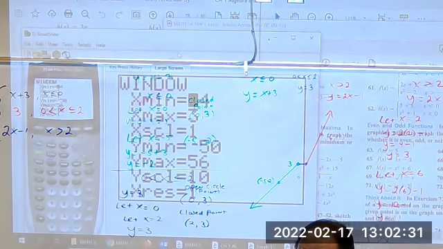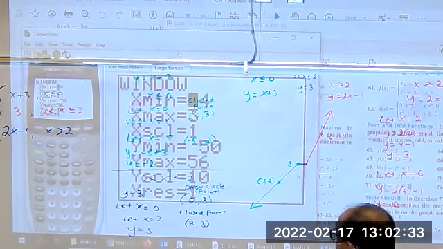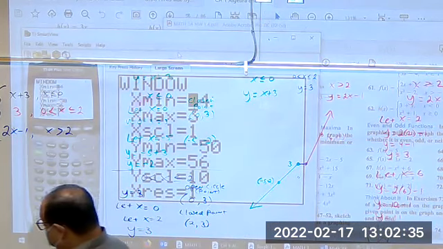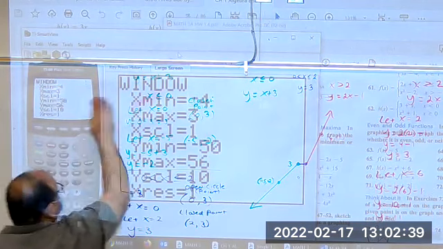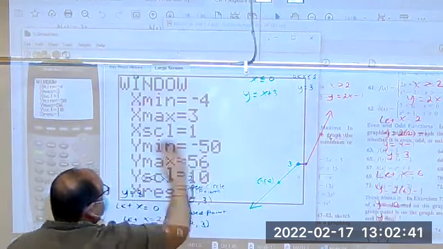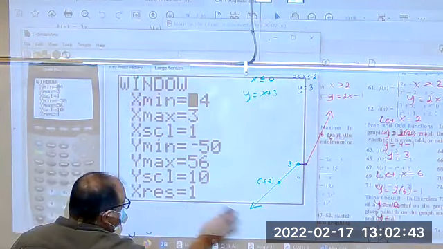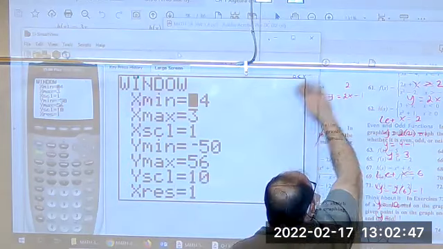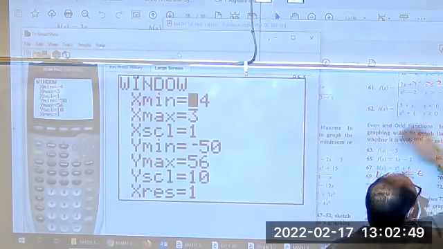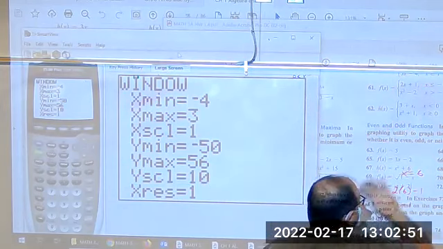One's positive, one's negative. So right now, my window is -4 to +3. That's not a good window if you're trying to see whether or not it's odd or even. You want to have whatever's on the left equally represented on the right. So I'll just change it to -4 to 4.